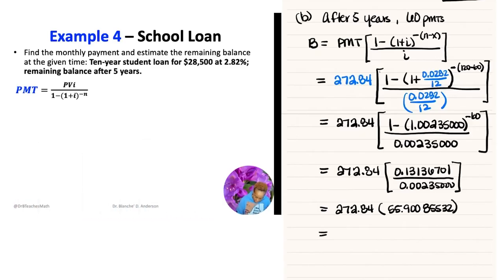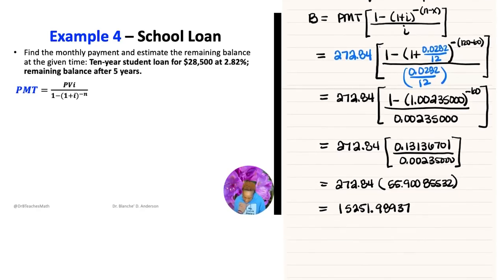And when you multiply that, you get 15251.98937. And that's approximately $15,251.99. Oh, sorry, I put my comma in the wrong spot.